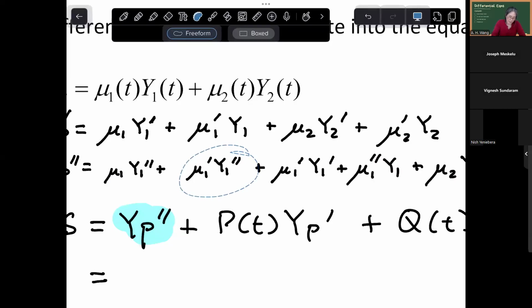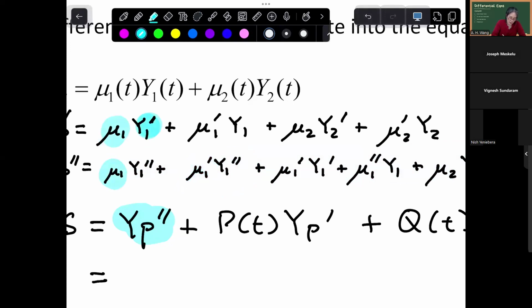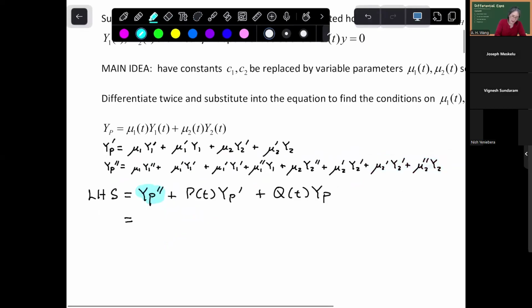It should be first guy times the derivative of this, so that's him, plus the second guy. So this one should be y prime times the derivative of the first. There we go. Thank you. When you make a mistake, it's really bad, so you have to be so careful with your bookkeeping. So thank you for that.